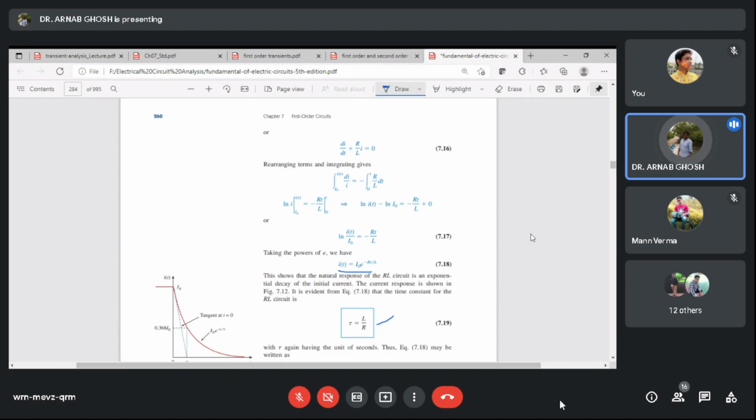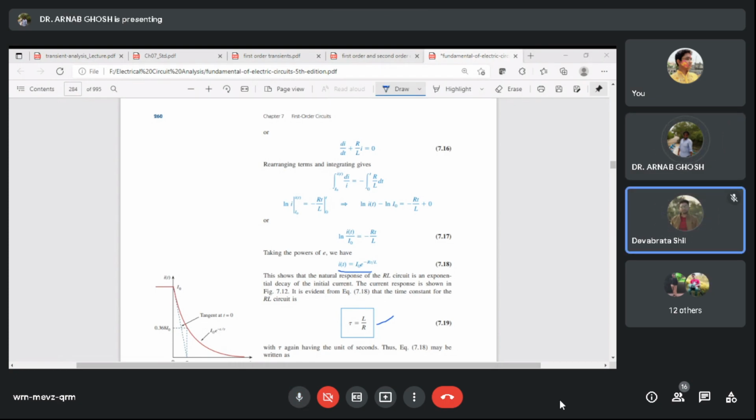This is the expression for the discharging current across the inductor, which is dependent upon I0 and the time constant, which is given by L by R. Everybody, it's fine? Devobroto, Shubham, is this derivation fine? Yes, sir. Okay.